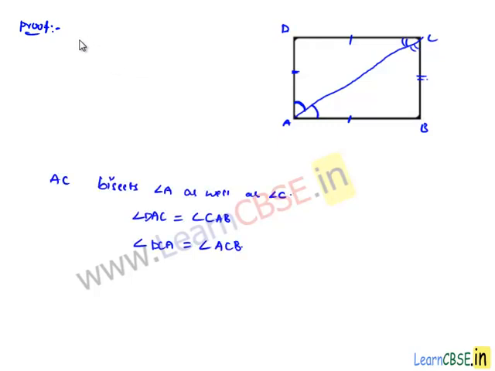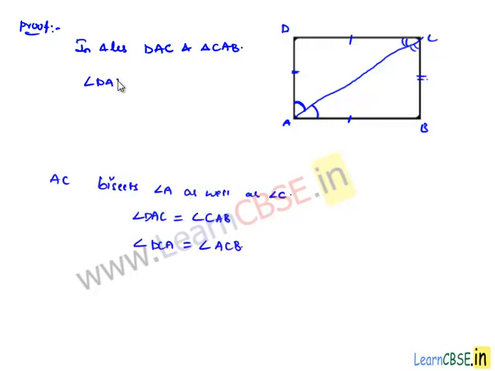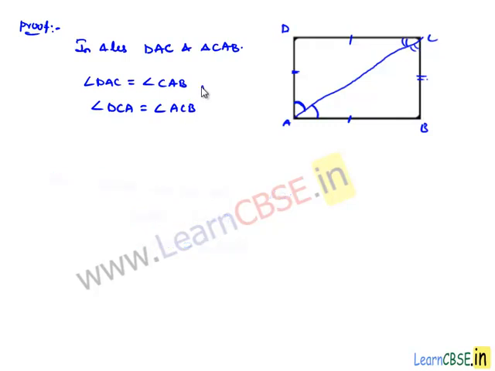Now in triangle DAC and triangle CAB, if we observe, angle DAC is equal to angle CAB and angle DCA is equal to angle ACB, since it is given that AC bisects angle A and angle C, and in these two triangles AC is equal to AC, which is a common side for both the triangles.